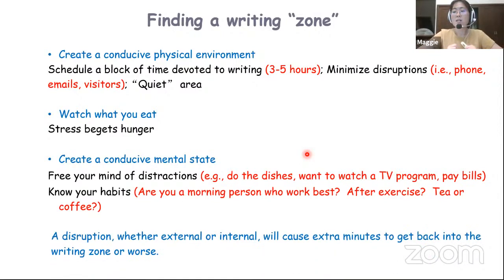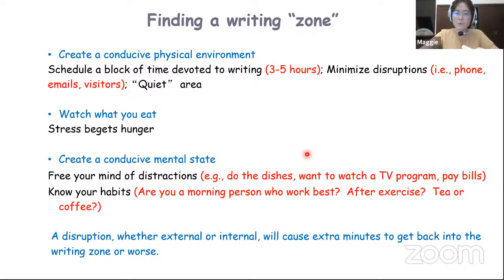And any disruption, whether external or internal, will cause extra minutes to get back into the writing zone, or worse. For example, you start writing and write a few sentences, and then you pick up the phone and talk to your friends for 10 minutes.